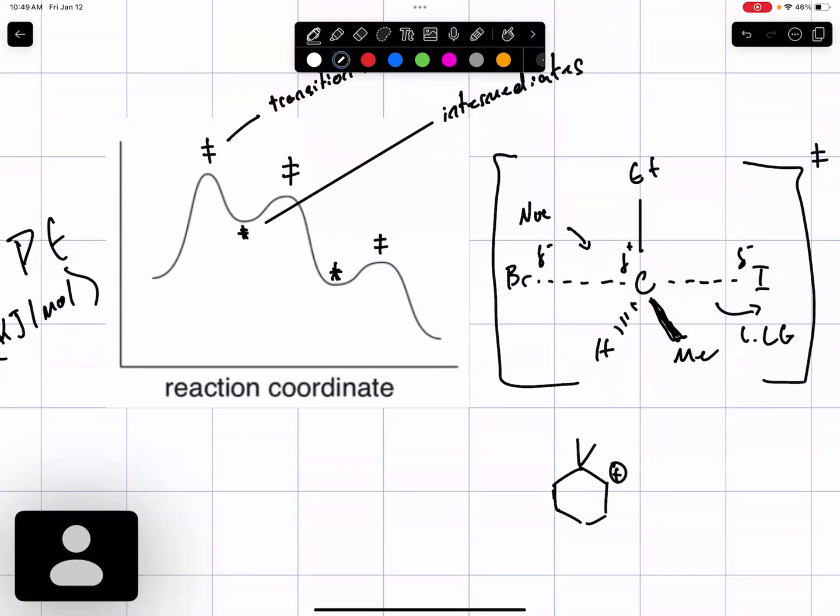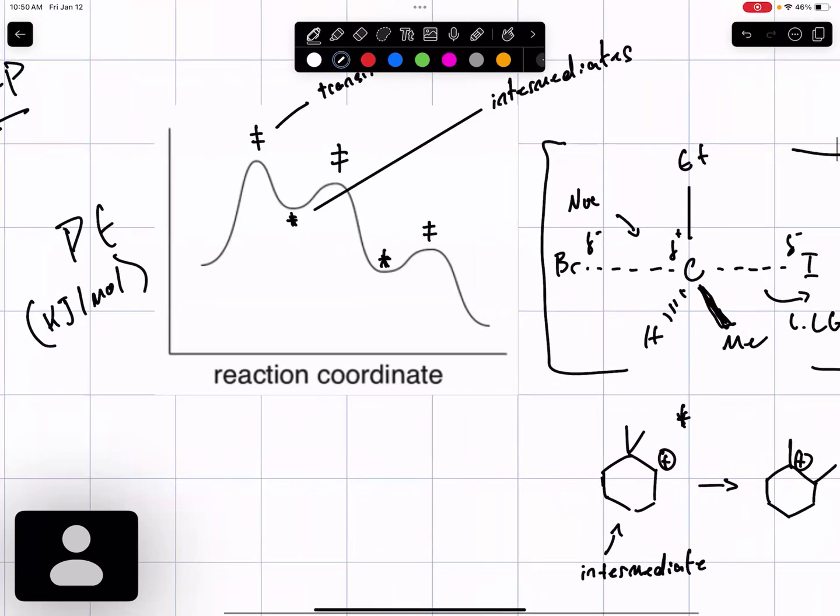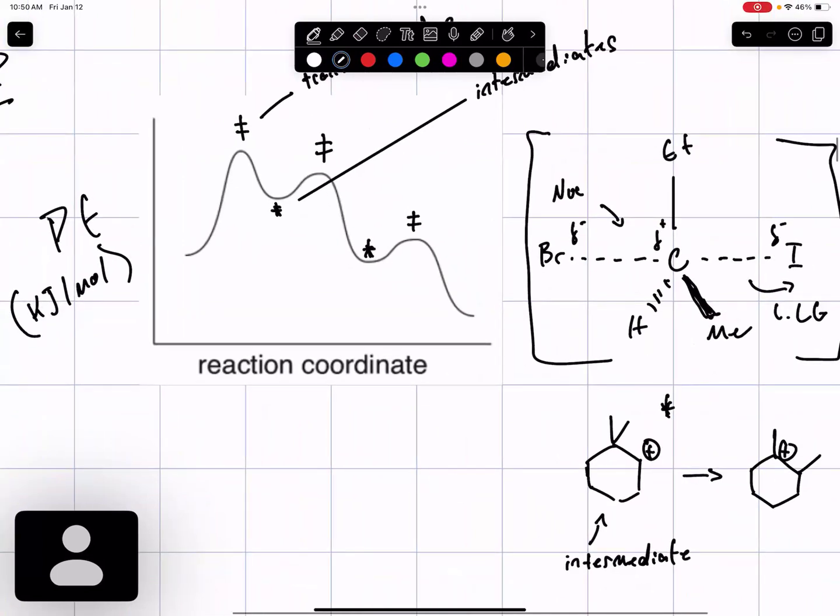This would be an intermediate because the next step may be something like this, where you have a methyl shift, right? So this would be considered your intermediate. We don't usually put asterisks, but this can be considered your asterisk intermediate.